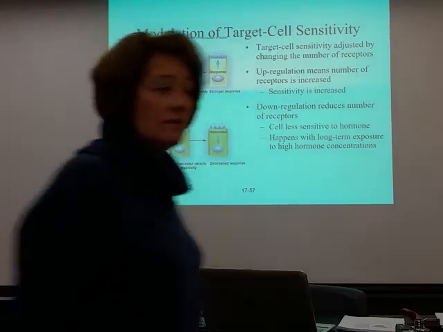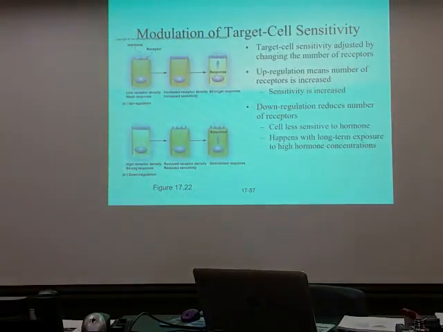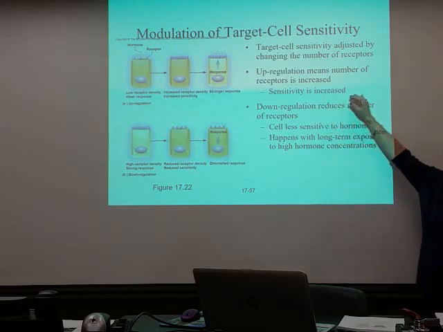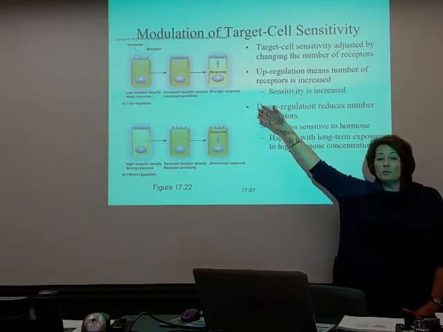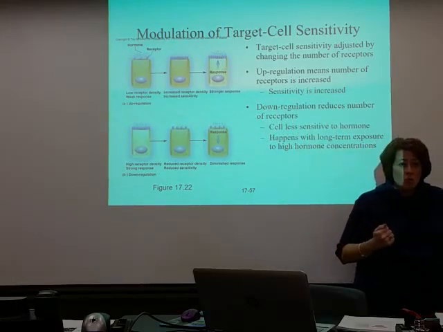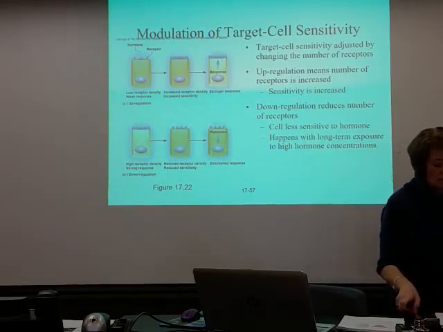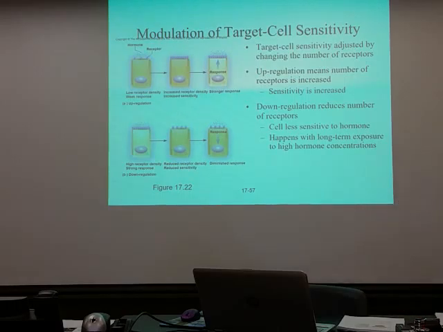The ovaries are going to need to increase their sensitivity to the luteinizing hormone. And so what they'll do is they'll use upregulation, get more of that luteinizing hormone, and therefore that will help with the release of the egg.